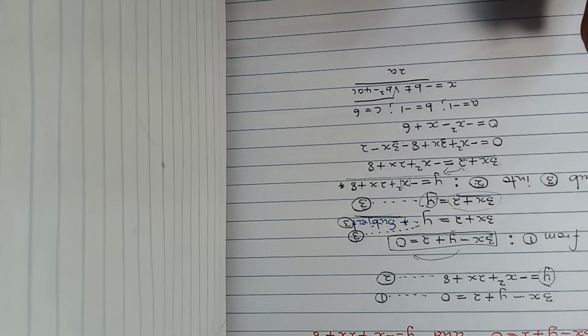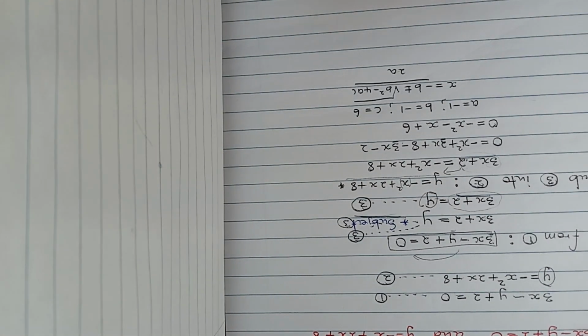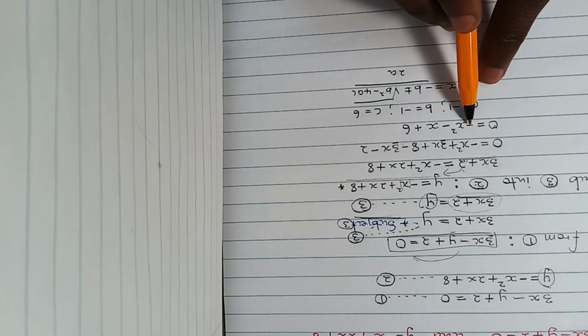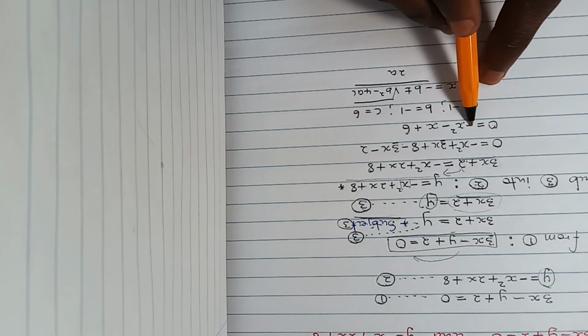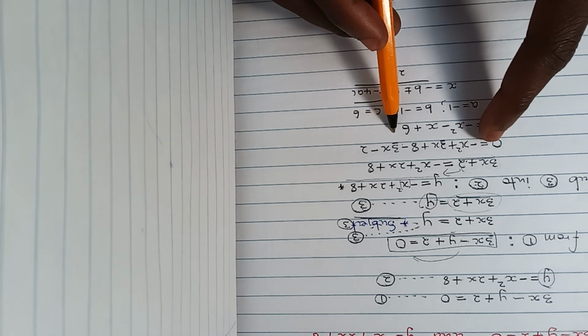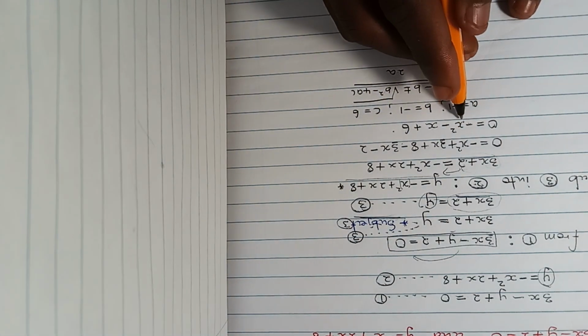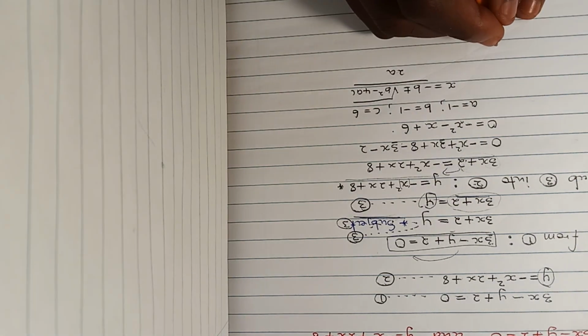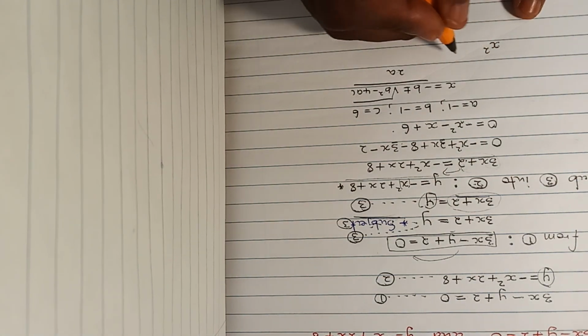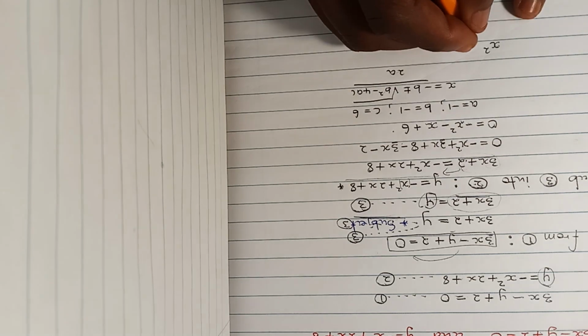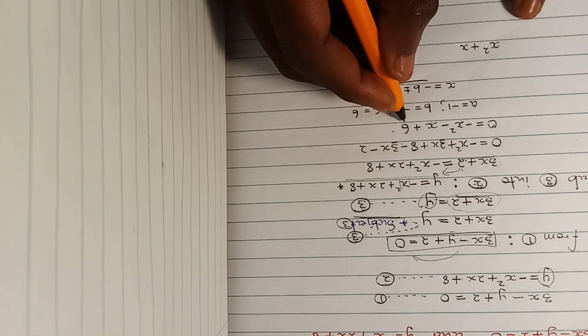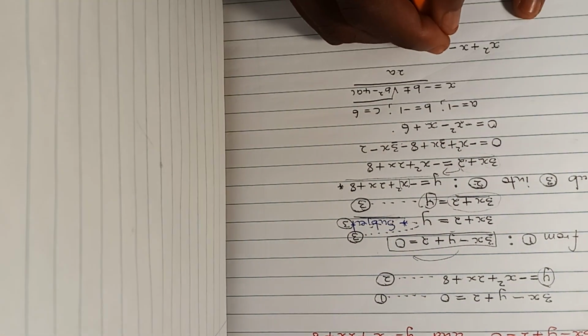Or you can factorize. But before I factorize, I would want the x squared to be positive. So what I would do is take the stuff to the other side. If I take the stuff to the other side, the x squared will be positive, the x will be positive, and then the 6 will be negative.